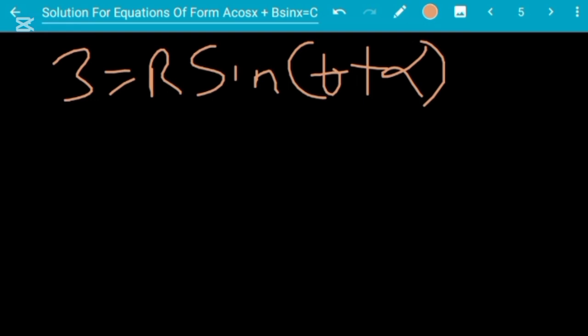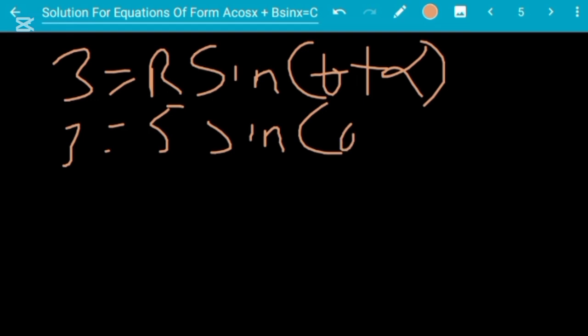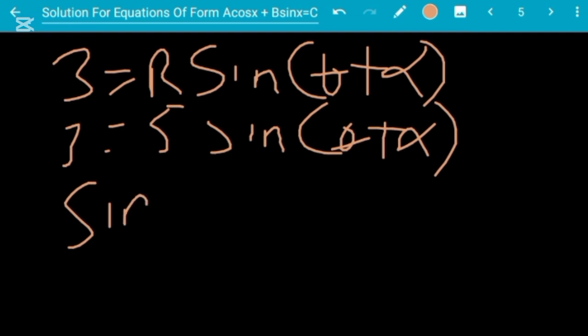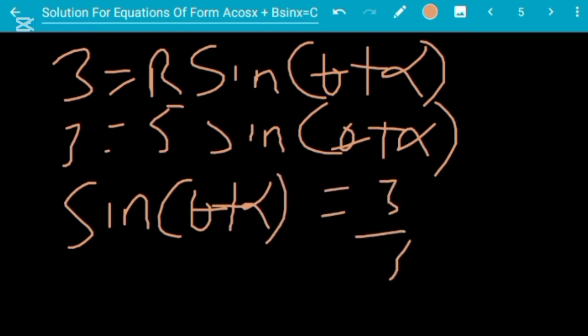So 3 is equal to 5 sine, theta plus alpha. So therefore, sine of theta plus alpha is equal to 3 over 5.